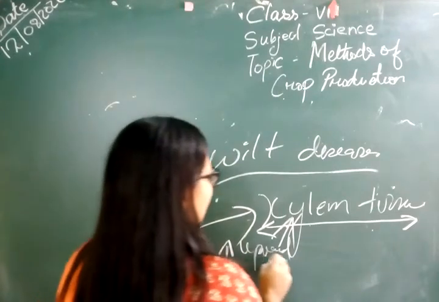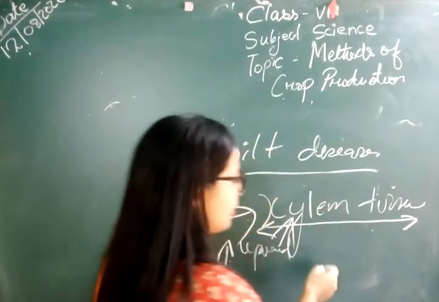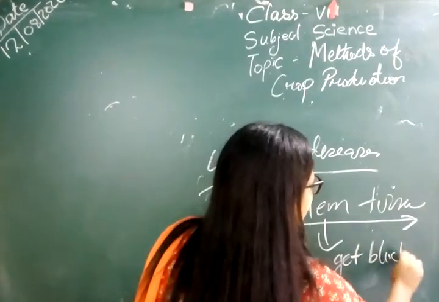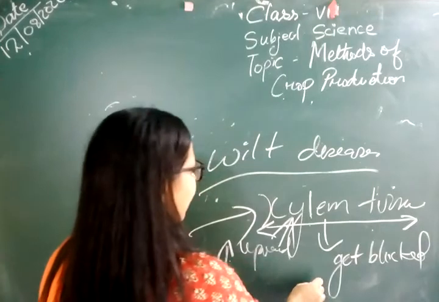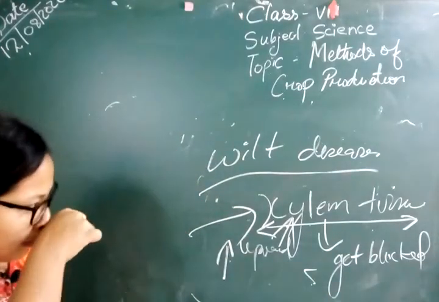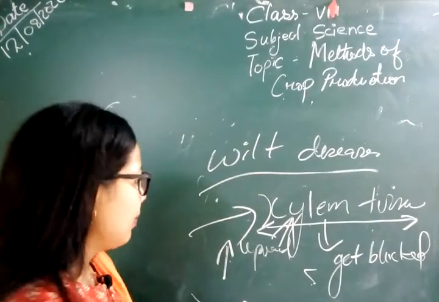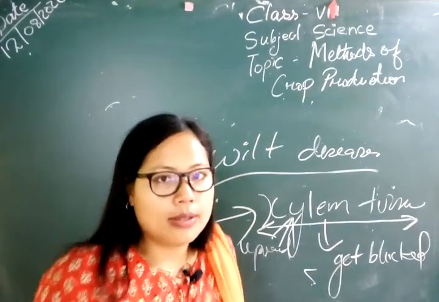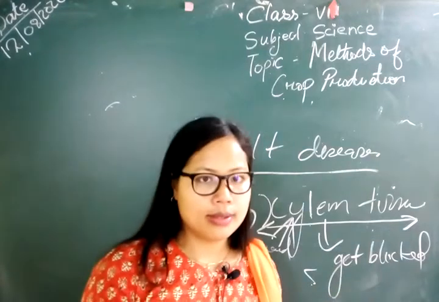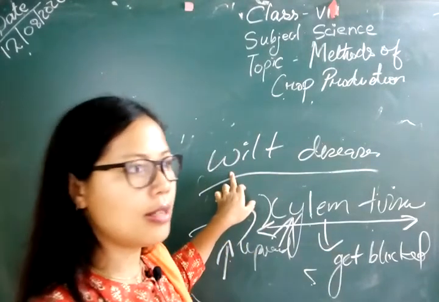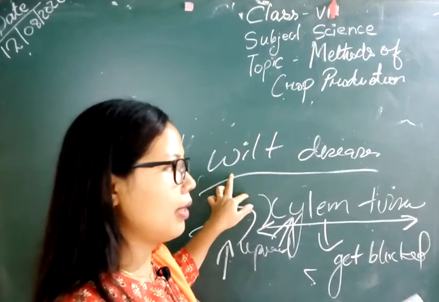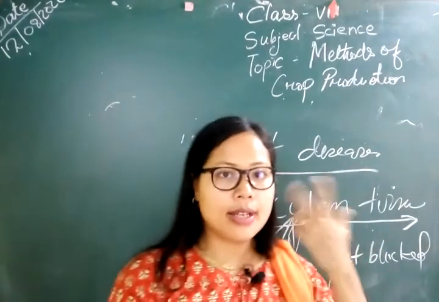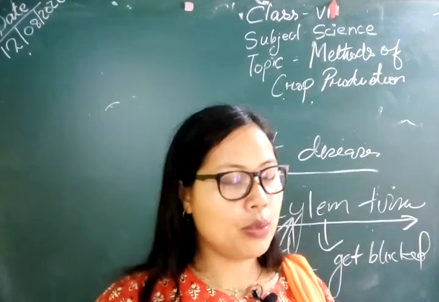So if the xylem tissue gets blocked by bacterium or certain organisms, definitely the plants will not be able to transport water. The leaves will slowly dry up, turn yellowish, and then ultimately the plants will die. Plants suffer from wilt diseases.